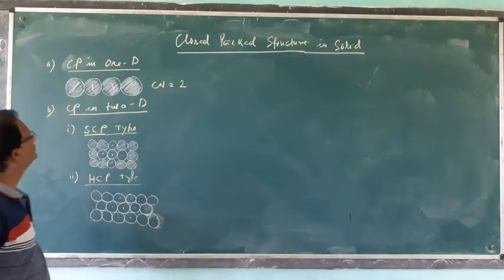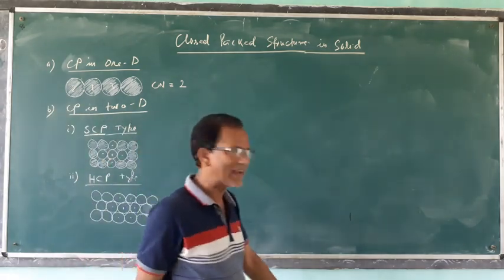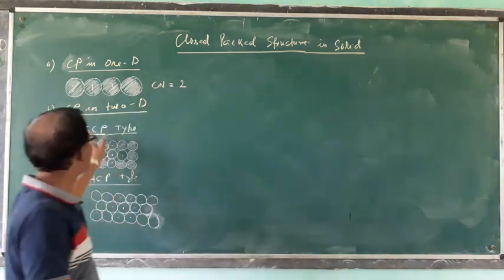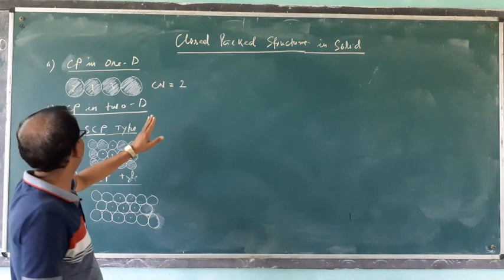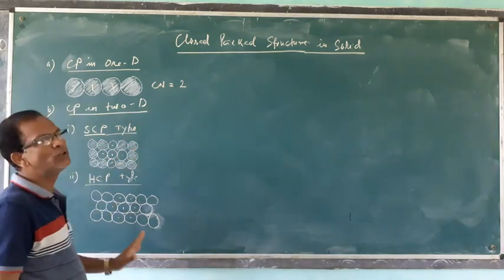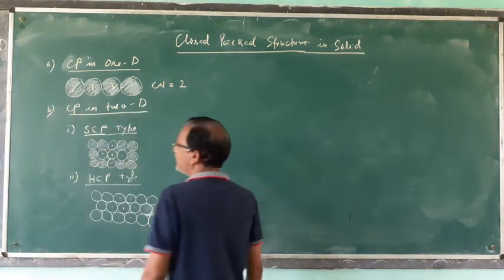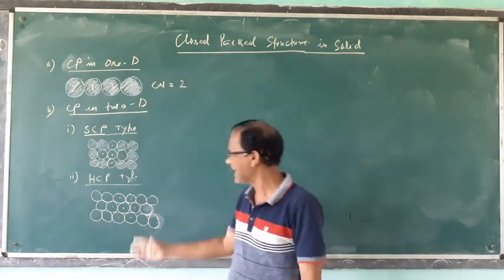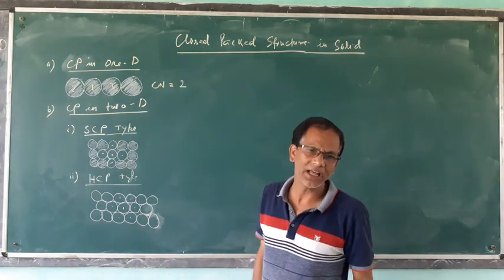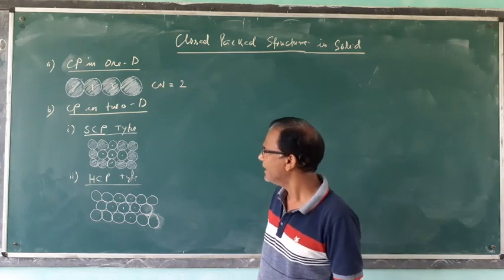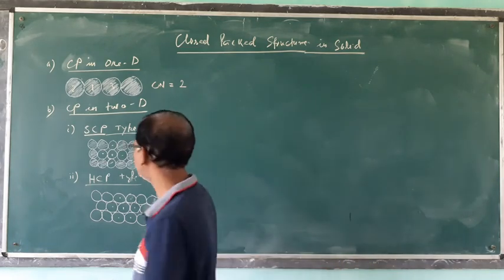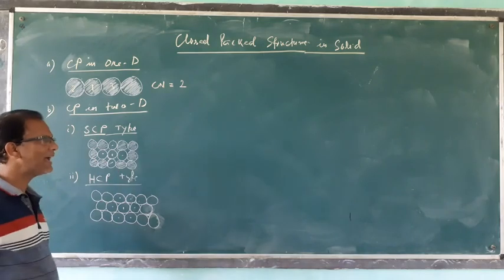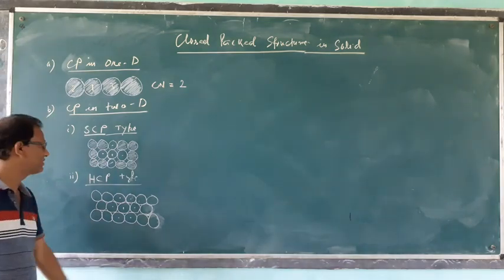So come to two-dimensional packing. Close packing in 2 dimensions is generally of 2 types. One is square close packing, another is hexagonal close packing. In square close packing, how are the spheres placed?